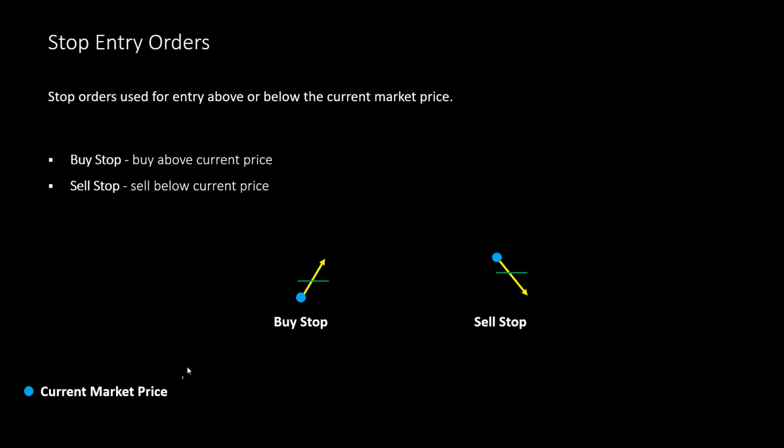It's like a breakout strategy. For example, imagine you are facing some resistance and you say, okay, once the price goes above the resistance zone, I want the order to be executed even if you are not around. Buy stop allows exactly that. Sell stop could be exactly the opposite. So you want to sell, right?